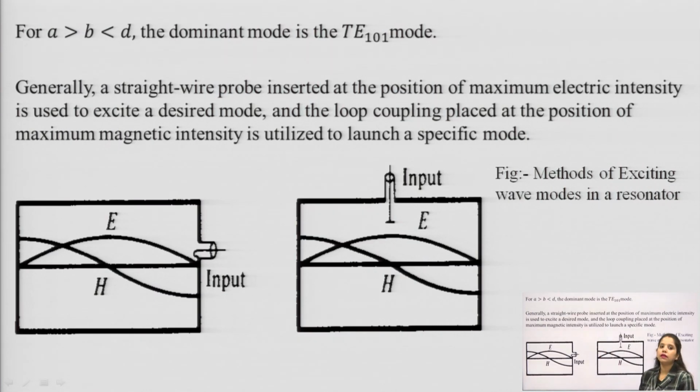And now comes the turn of the dominant mode. In this rectangular cavity resonator, the dominant mode is TE101, and this dominant mode will come when dimension a is greater than b, and dimension d is also greater than b.